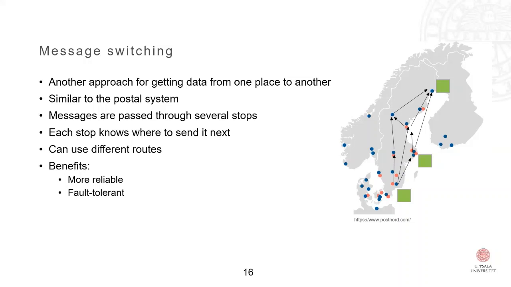So if some switches or routers happen to have some problem, then the whole network will not go down. Other paths will be tried until the message hopefully is sent to its destination. So we have a level of fault tolerance, meaning that if there are some faults, we can tolerate them and we can still have the operations of the network.